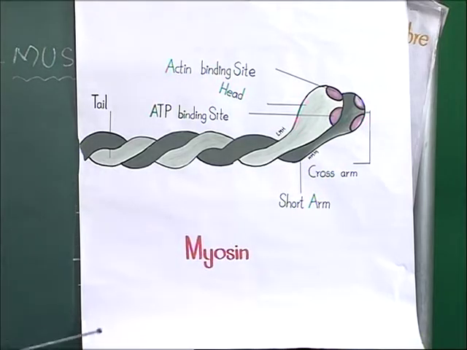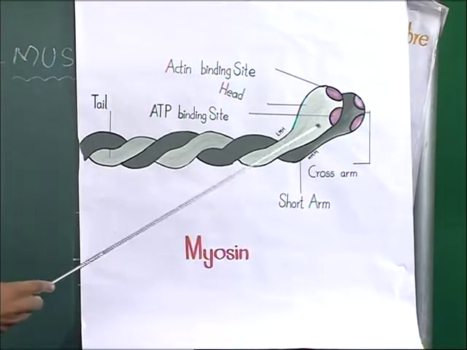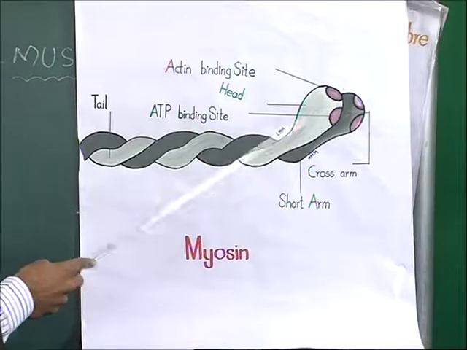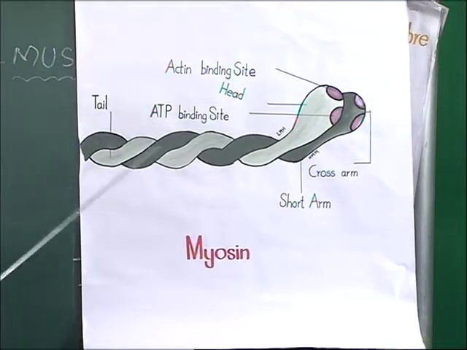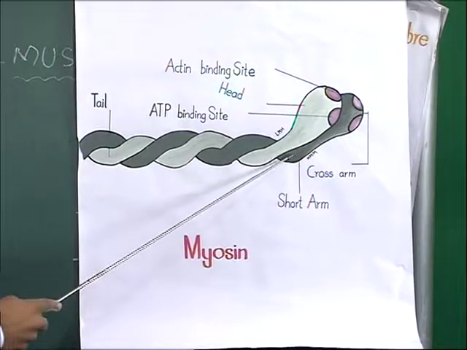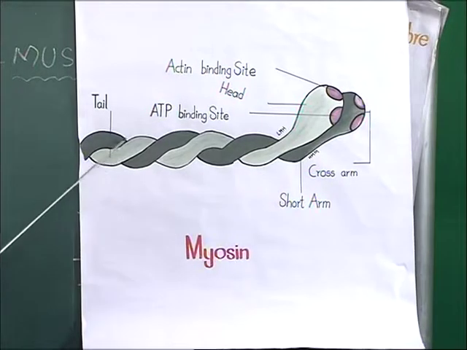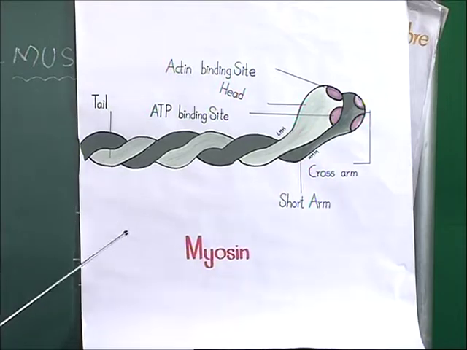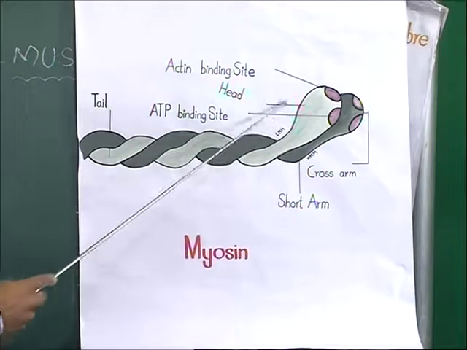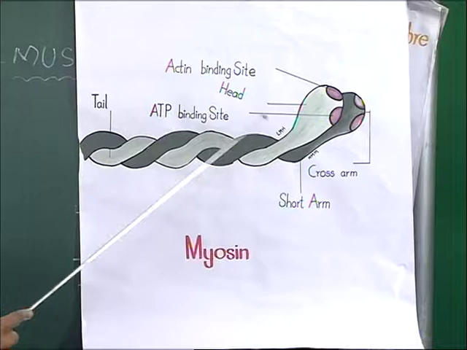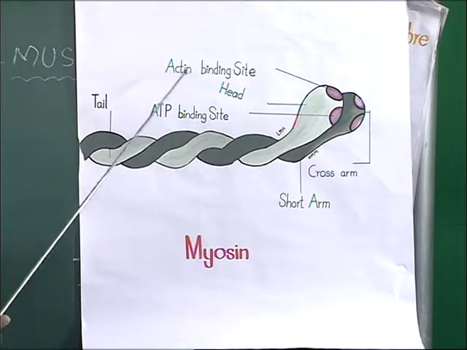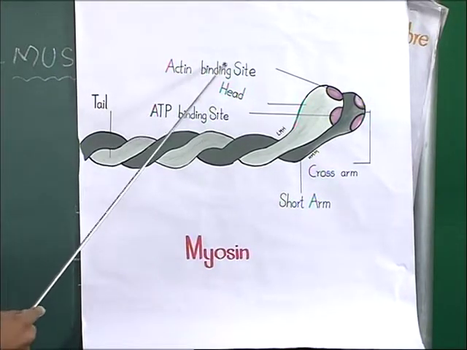Okay, so meromyosin consists of two main parts, the head and the tail, and heavy meromyosin is present at the head region and light meromyosin is present at the tail region. The head has two sites, one is the ATP binding site and the other is the actin binding site.